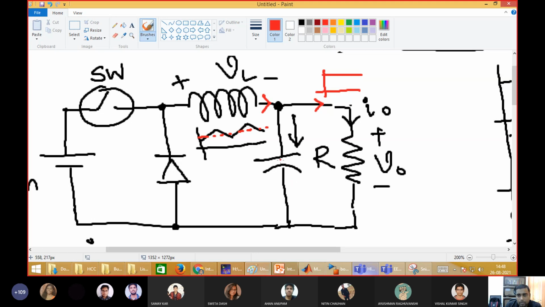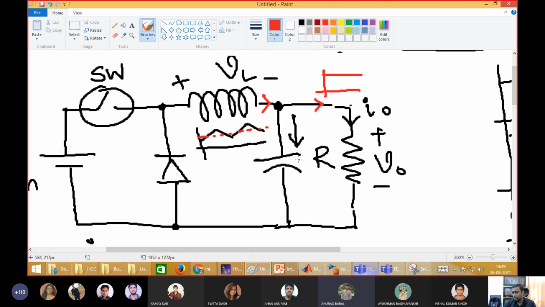Now, why will the DC component of current not flow through this capacitor? Forget about the impedance part. DC frequency is 0 hertz. No, I told you, forget about that impedance part. How can you explain it in another way?